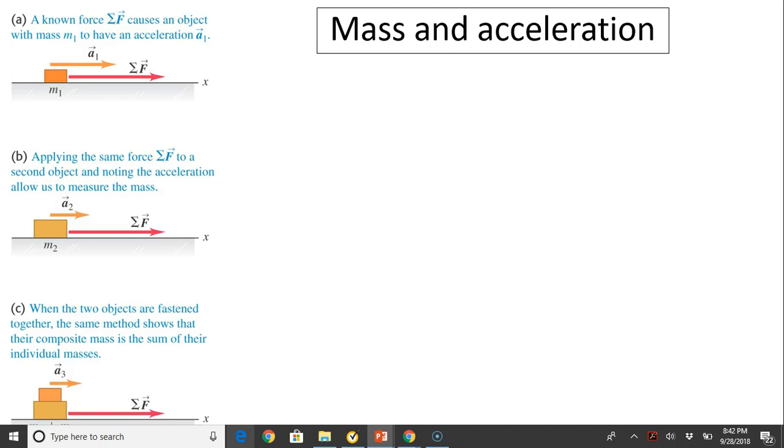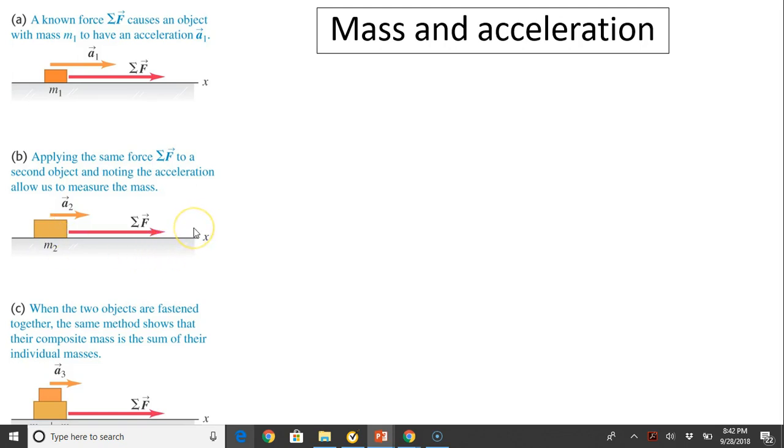If we know m1 and we measure a1, we can determine F. We can then apply the same force to another object and measure a2. This is one way to figure out m2.